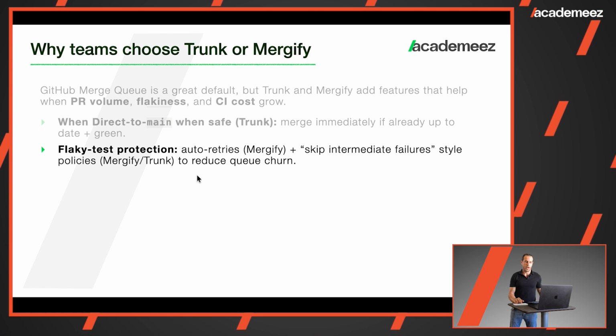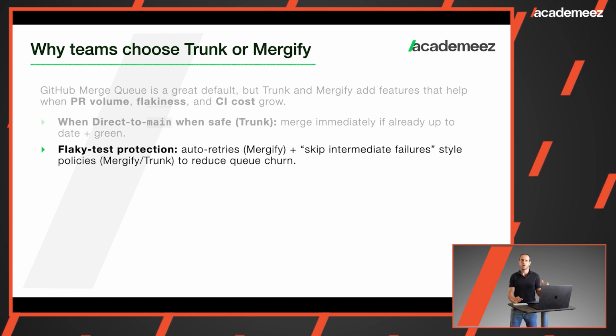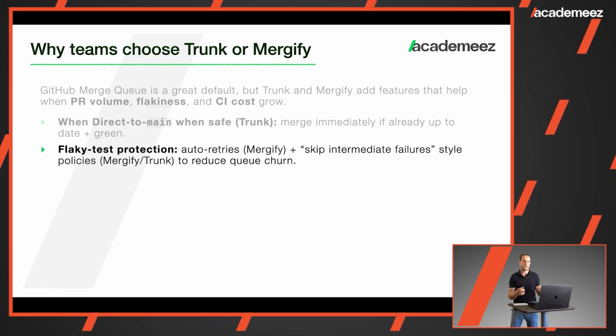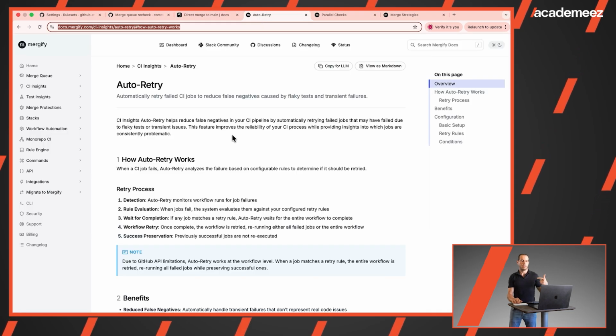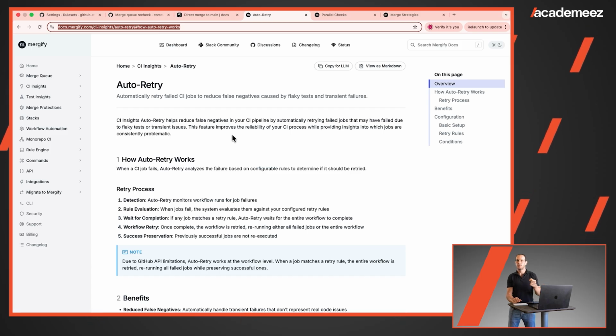Flaky test protection. There are some features in Mergify and also in Trunk that help you quarantine and protect against flaky tests. For example, auto retries in Mergify. Auto retry means that if your pull request is failing in the merge queue, you can retry again.